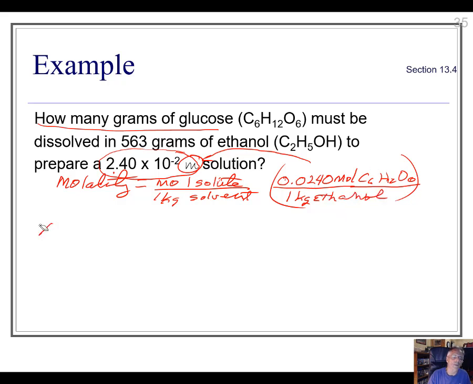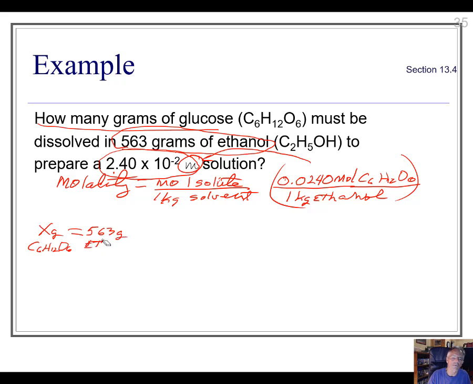X grams of C6H12O6. We're going to start out with the grams of ethanol. I think you might be able to see where we're going. So 563 grams of ethanol.